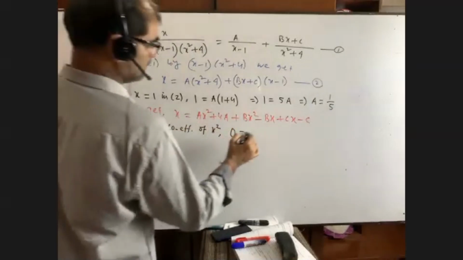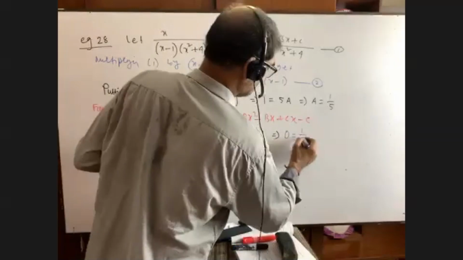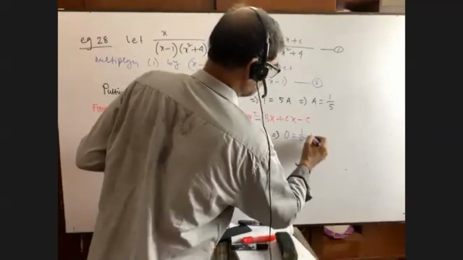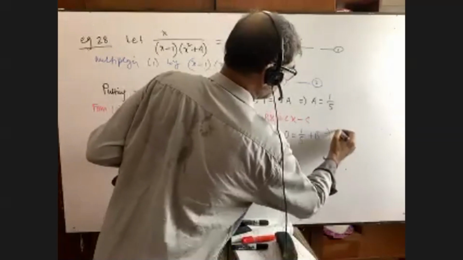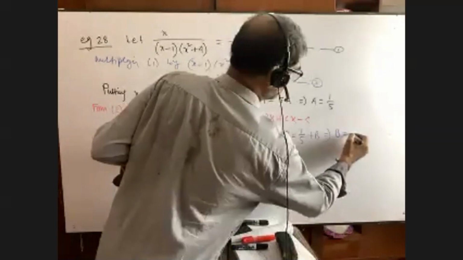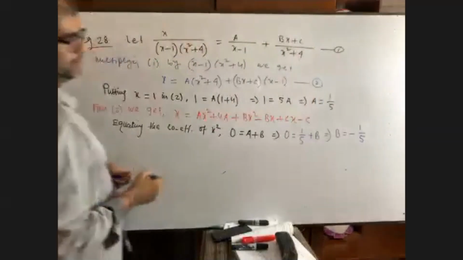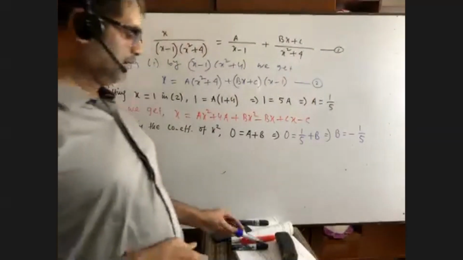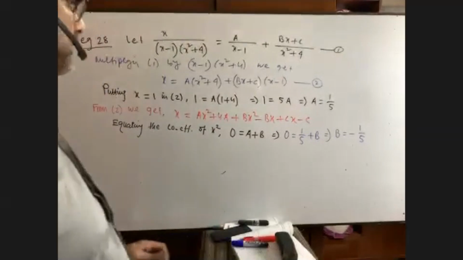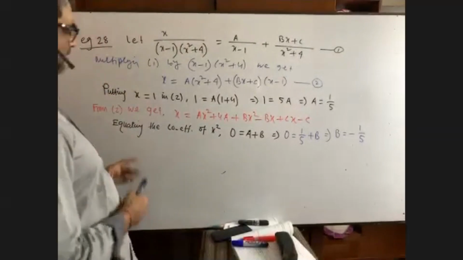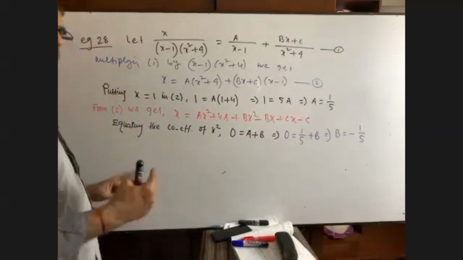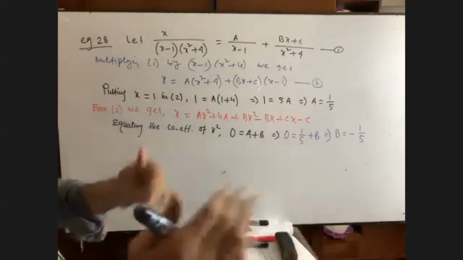On the other side we have A plus b, and the value of A is 1 by 5. So we can put 0 equals 1 by 5 plus b. From here we get b equals -1 by 5. Now, if any of you thinks that I will not equate the coefficient of x, but I will equate the constant terms, you're right.